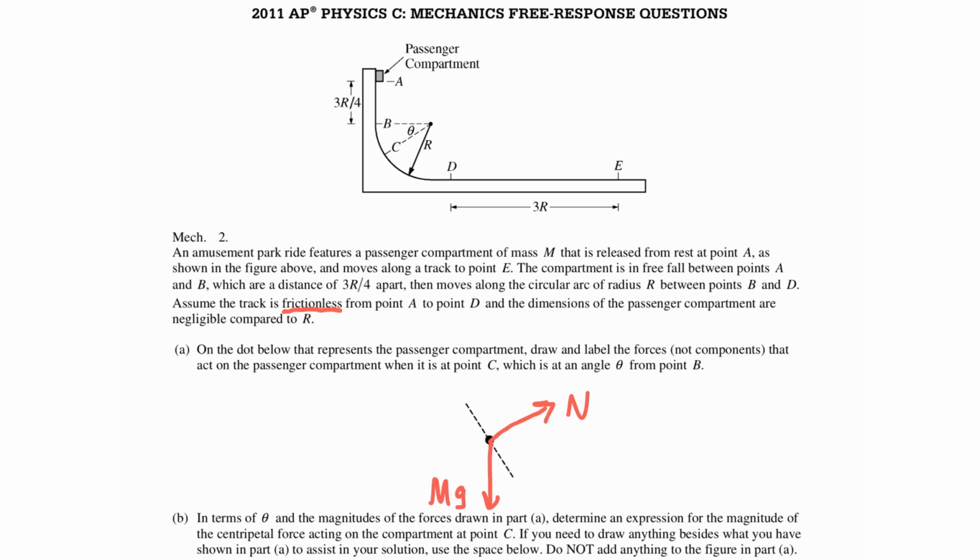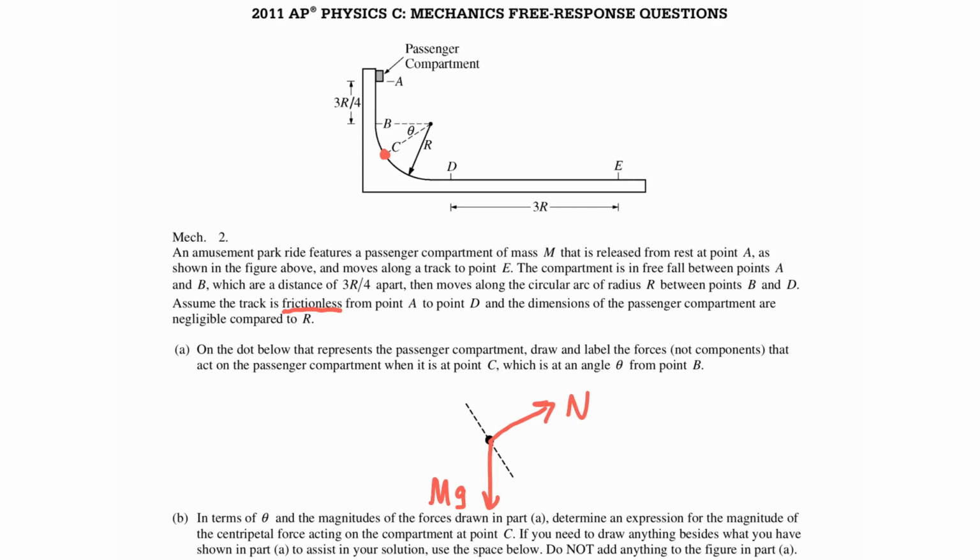For part B, it says in terms of theta and the magnitudes of the forces drawn in the diagram, we need to determine an expression for the magnitude of the centripetal force acting on the compartment at point C. I'm going to draw a couple extra little diagrams up at the top that help with part B. There are 2 points in the diagram.